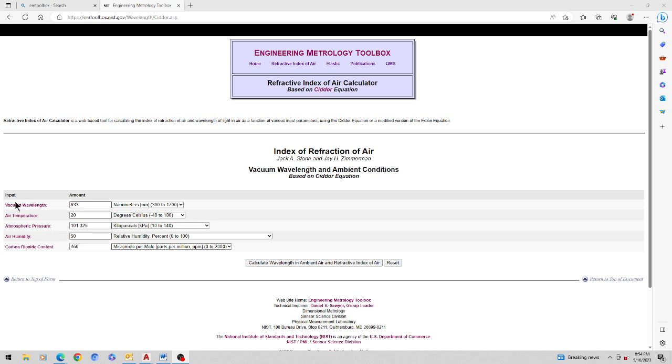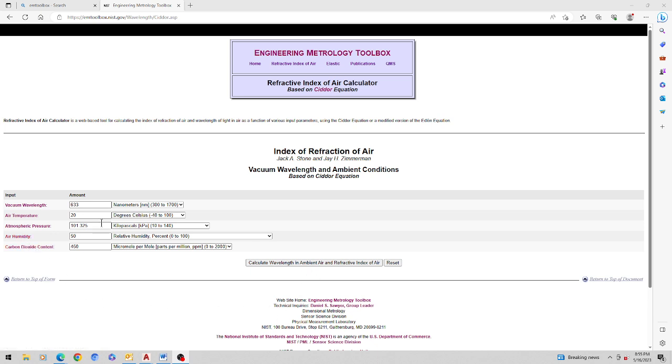So you can take a look at your wavelength. This is the wavelength of the light. 633 is within the visible light spectrum. You want to stay within that for anything that you're trying to visually represent as far as what you can see. But you will notice that you can change the air temperature, the atmospheric pressure, the air humidity, and carbon dioxide content.